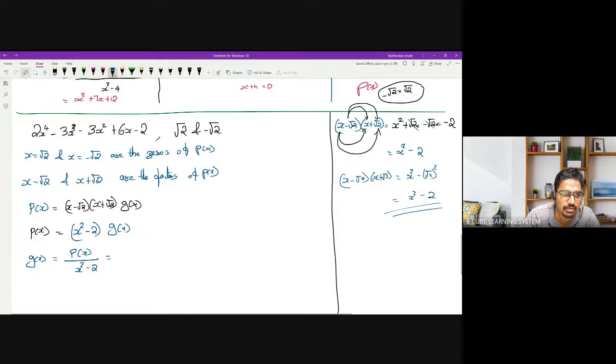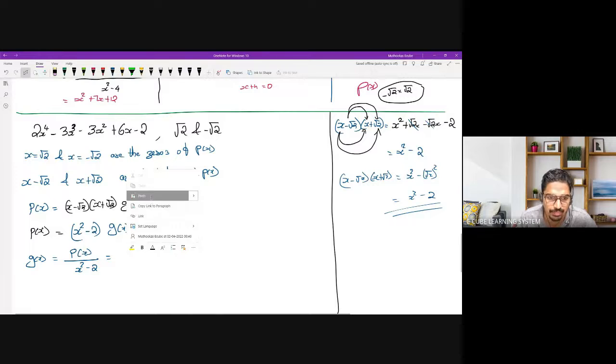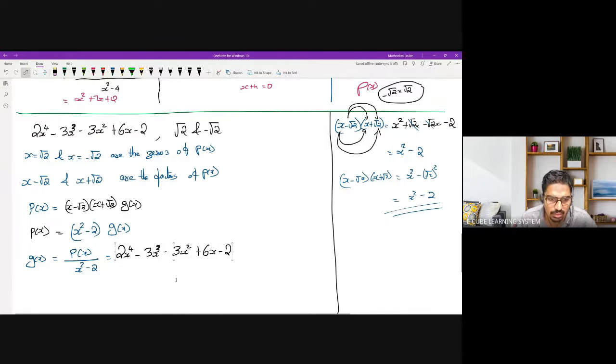That is 2x raised to 4 plus 3x cube minus 3x square, etc., whatever it may be, divided by x square minus 2. That we should divide by long division method. Have maximum 3 more minutes. Apply the normal long division method and find the value of g of x.